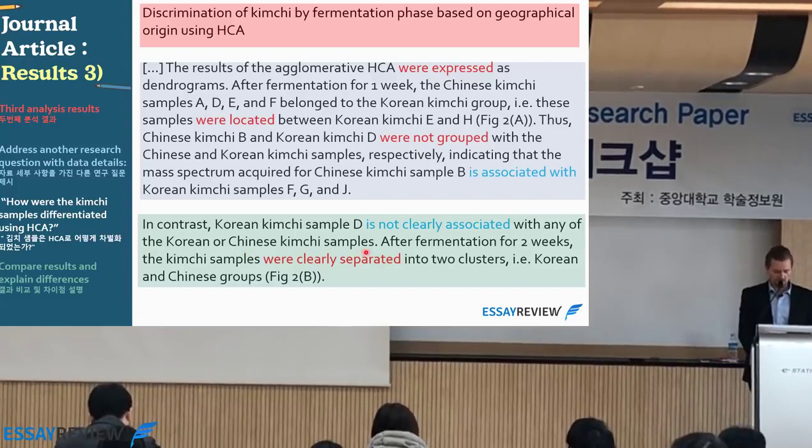So yes, you're showing how the samples differed. But you'll see later on in the discussion section, you're going to discuss what that means and the larger importance of the findings. But be careful not to include discussion in the results.